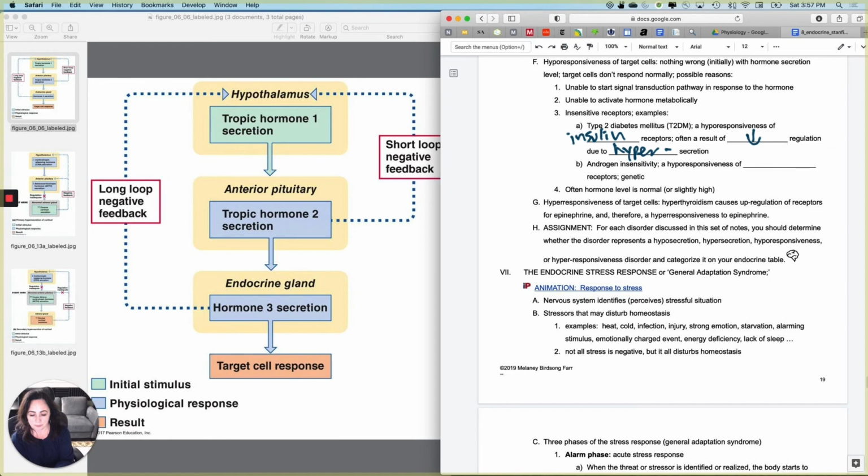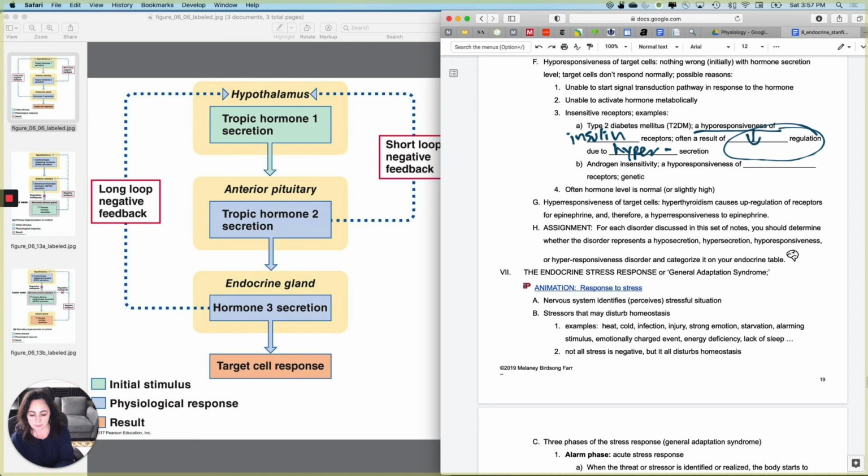Give that a decade, 2 decades. What will happen is you will start down-regulating your receptors, making them less numerous and less sensitive. And then what you end up with is a hypo-responsiveness problem. So hypersecretion caused downregulation, which caused hypo-responsiveness.